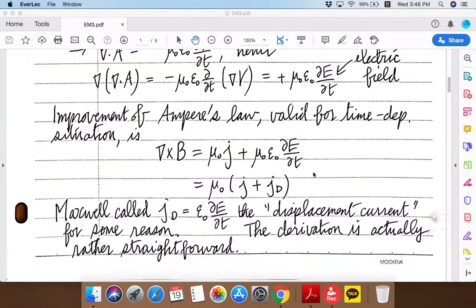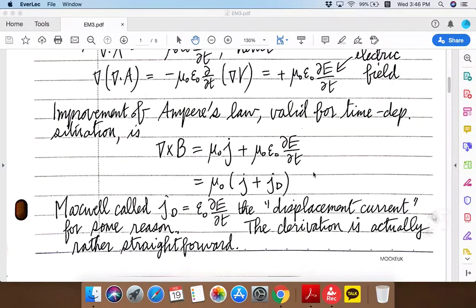So overall, the more correct equation becomes the sum of the current density and some new funny expression that would involve the time derivative of the electric field. Okay, so this is it.